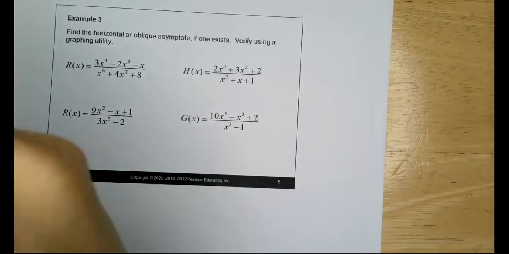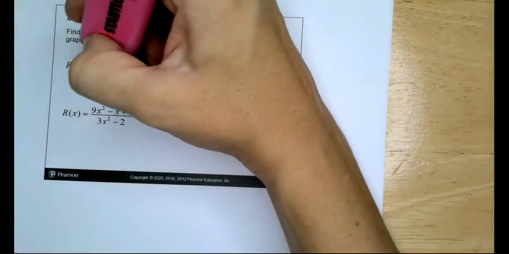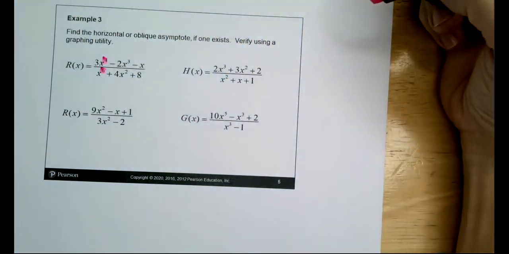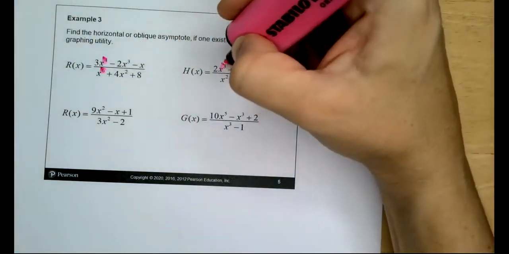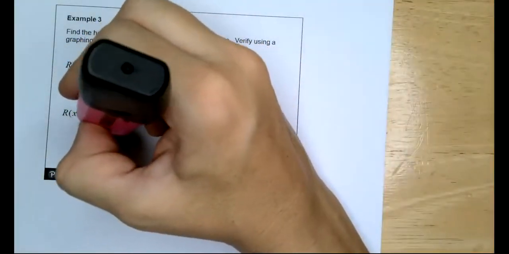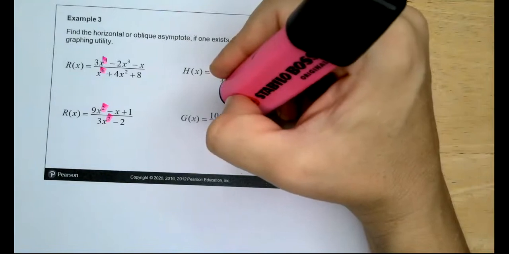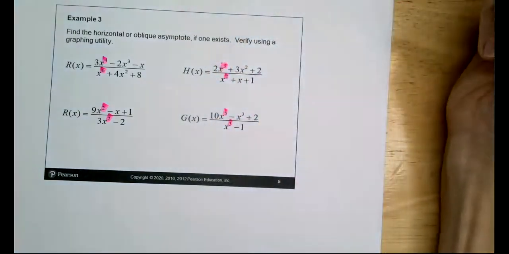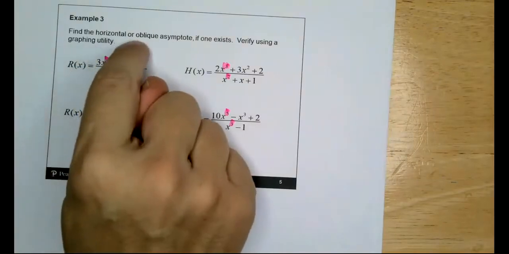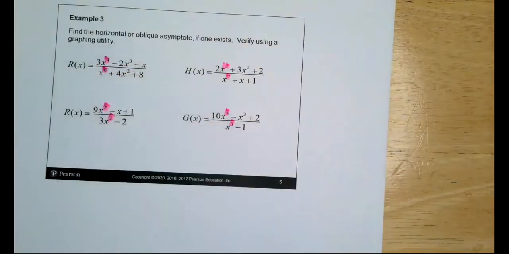I'm just going to highlight those right now. We have a 4 and a 6, here we have a 3 and a 2, here we have a 2 and a 2, and here we have a 5 and a 3. That's what we're looking for because we're deciding whether it has a horizontal or oblique asymptote based on the degree of the numerator and the degree of the denominator.